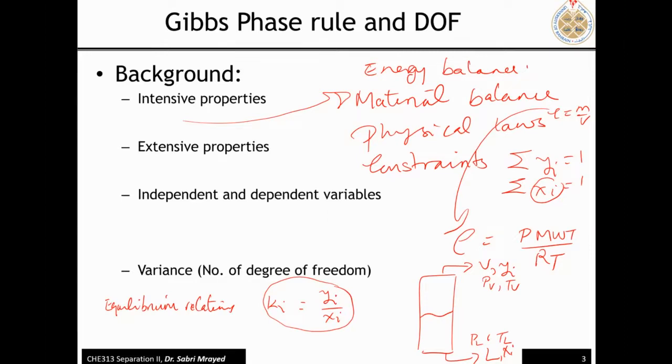If you have, for example, air and liquid water, usually the quantity of air absorbed by the liquid phase, which is water in this case, is very small, to the level where we can safely say there is no air absorbed in the water. But at the same time, we have water vapor and air.